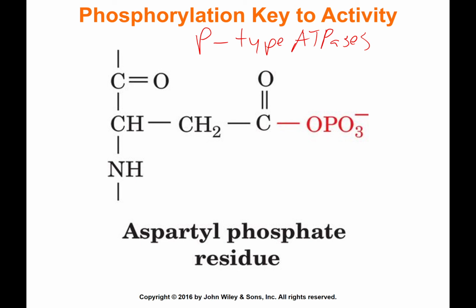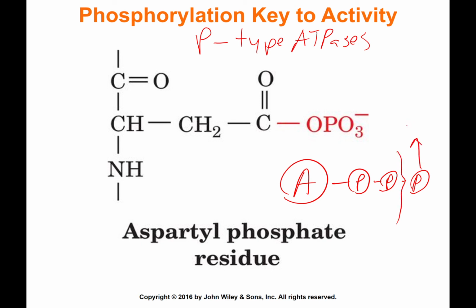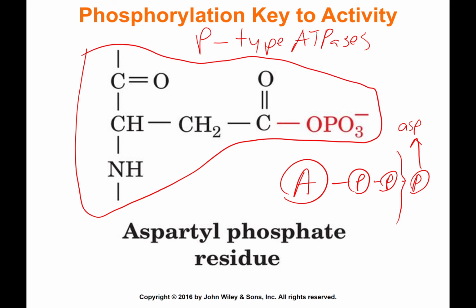The terminal phosphate on ATP. So I'm going to do a rudimentary ATP here. It's got the adenosine with 3 phosphates on it. The end phosphate here is going to get cleaved off and transferred and form a covalent bond with an aspartate residue on the protein. What is going to form then is a phosphorylated aspartate, at one point during the mechanism.